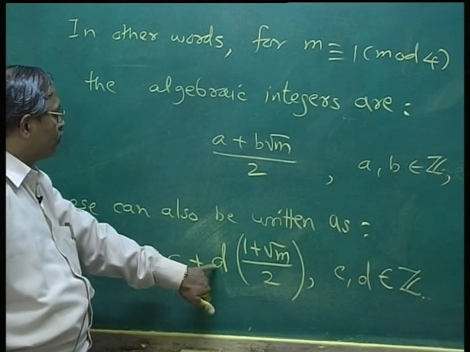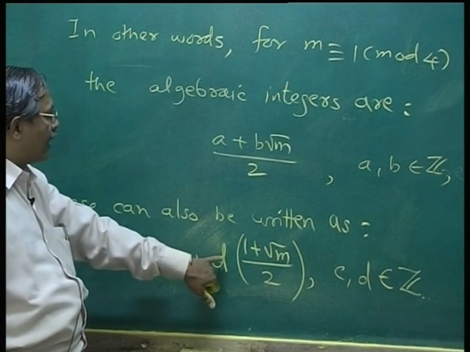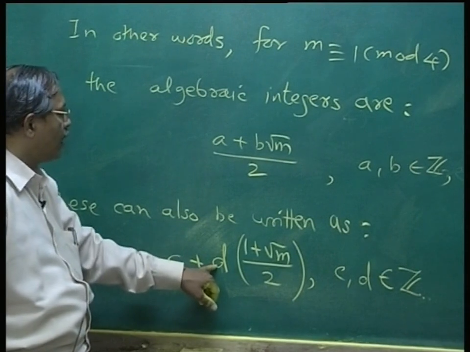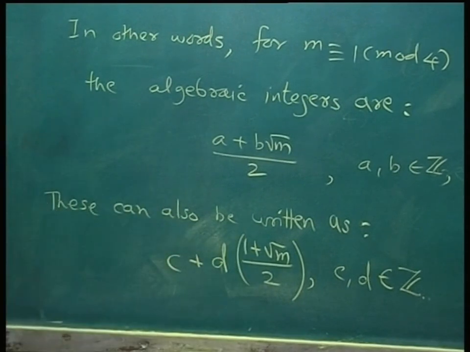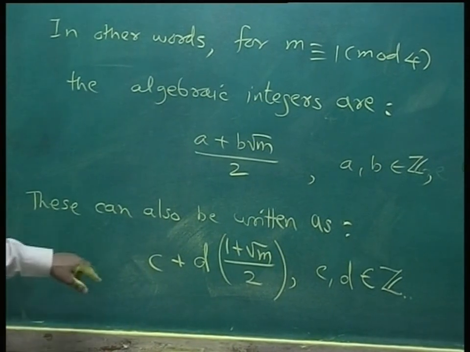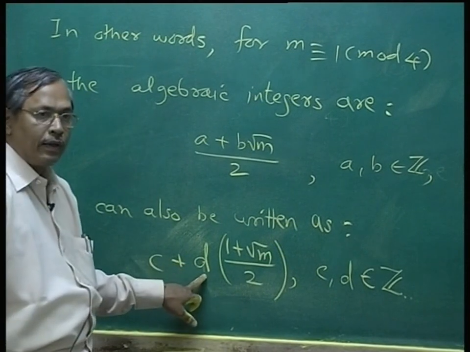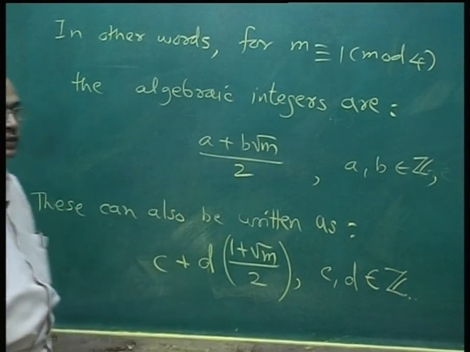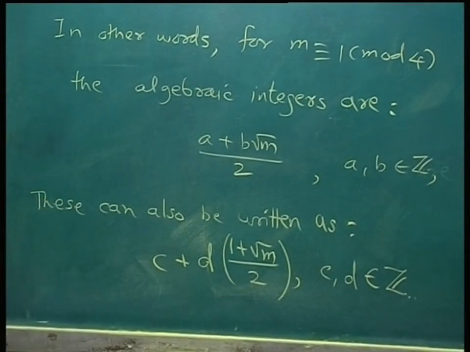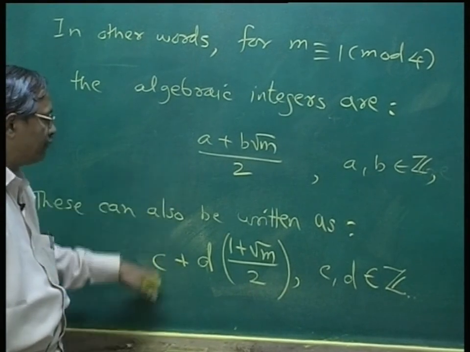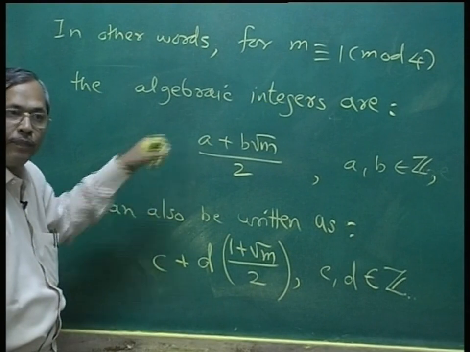And now you take d to be 2 times d dash, so it is c plus d dash into (1 plus root m). And you can find c and d dash from these integers. This you try to verify yourself, that by solving some equations you can see that any number here can be put in this form and conversely.